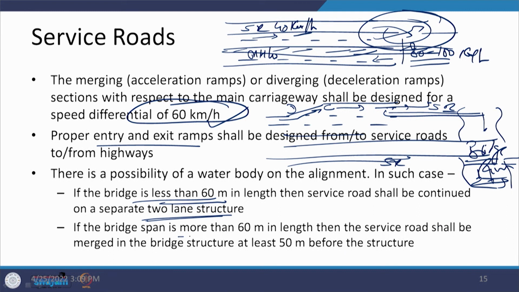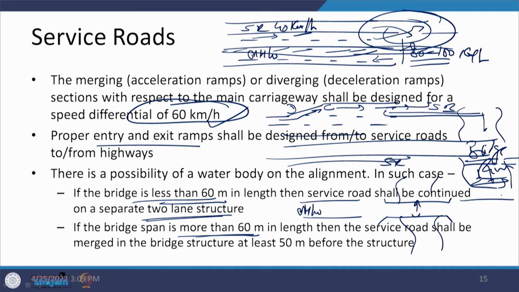But if it is more than 60 meters in span, then the service road needs to be merged into the main highway. That means, at a bridge location, say this is a bridge location, this is going to be the width on the bridge, whatever is the number of lanes, etc., on the basis of that. Now, all these number of lanes are going to be there on this main highway before and after the bridge.